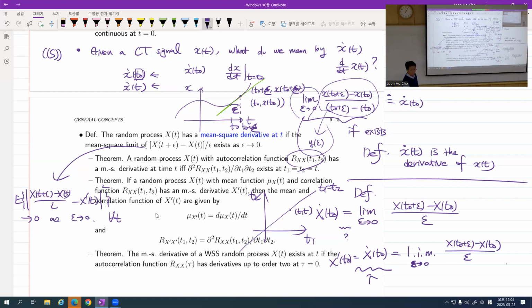What does this mean? The left-hand side is the expectation of x prime of t. What about the right-hand side? The right-hand side is the derivative of the expectation of x of t.